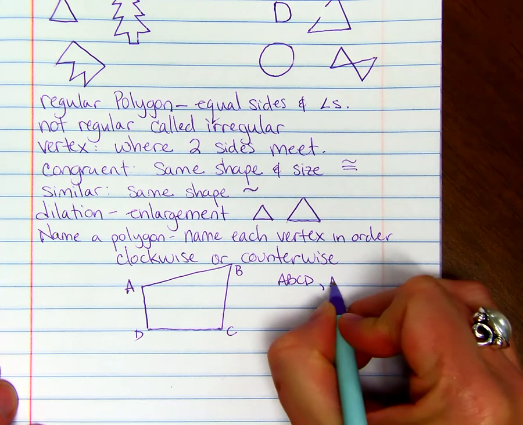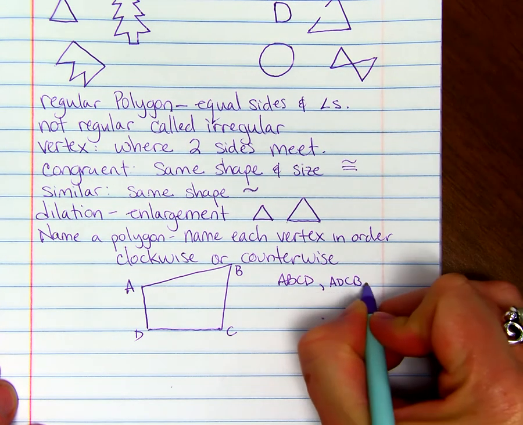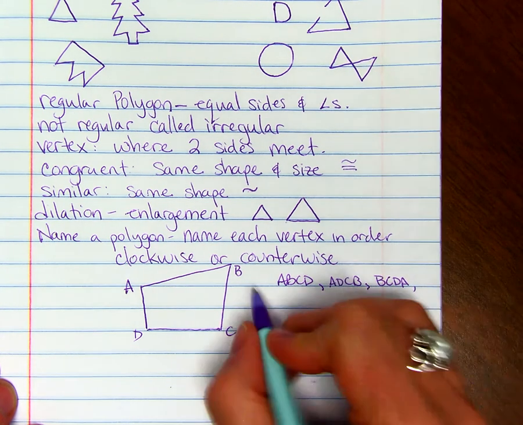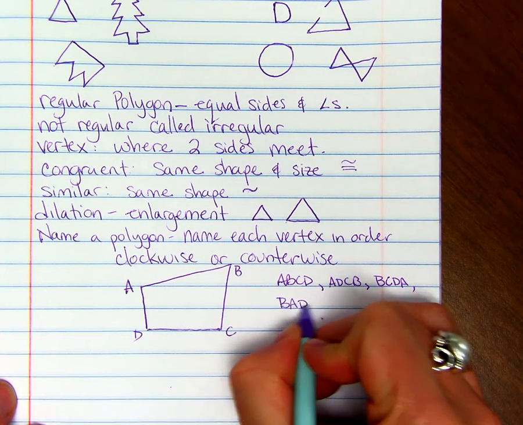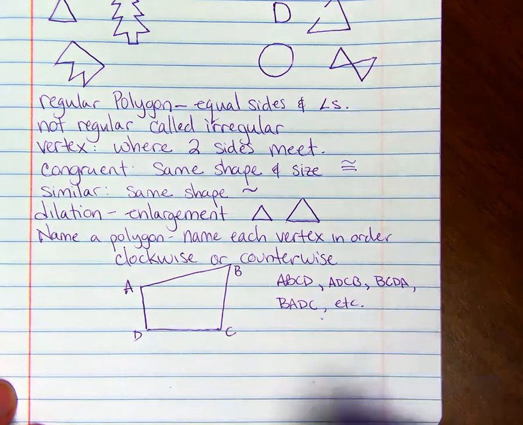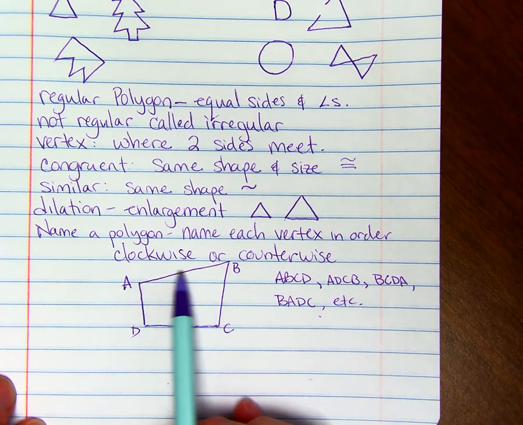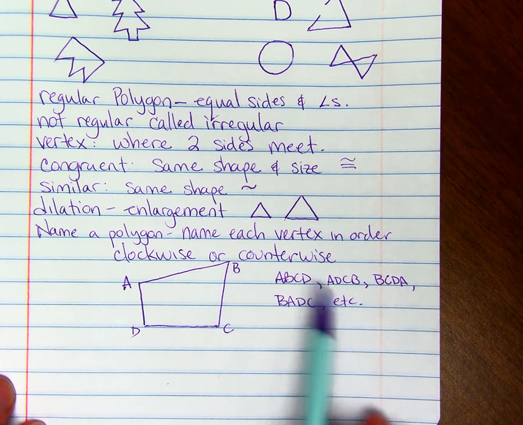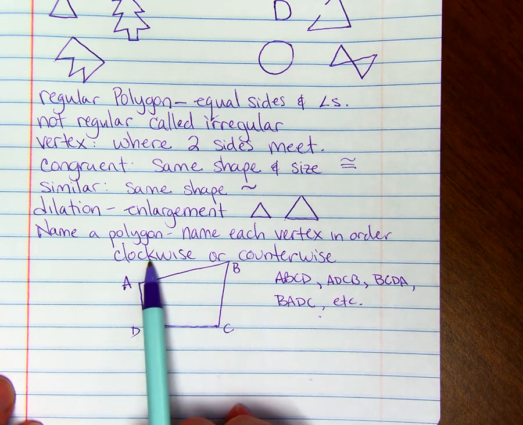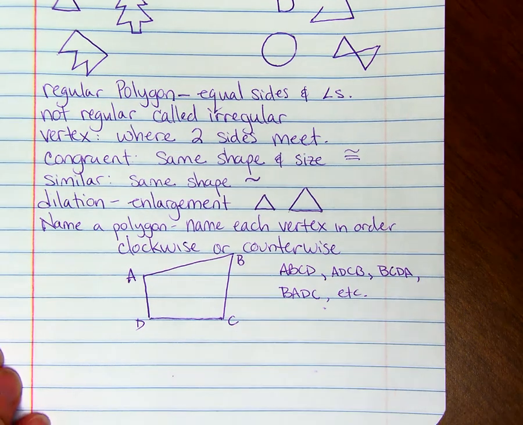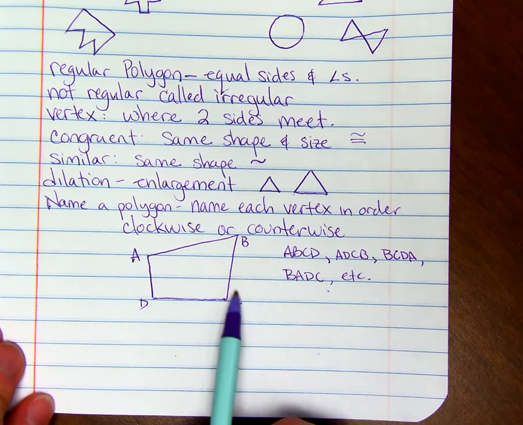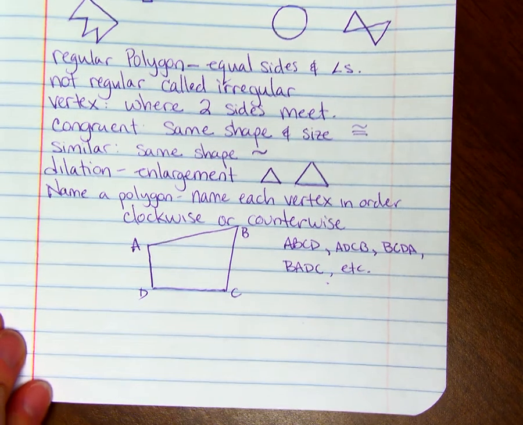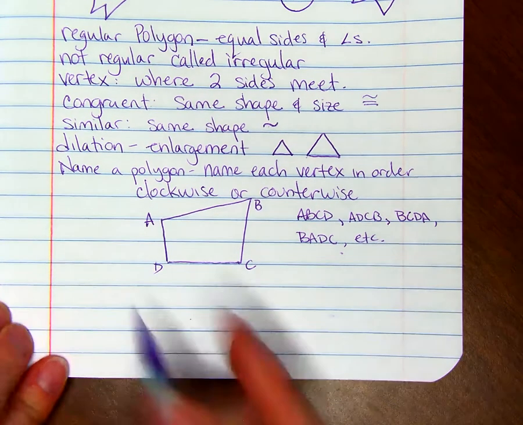We can name it ADCB, BCDA, BADC, etc. So the first one we just started with A and named it around clockwise, and then we went counterclockwise. The second group I started with B and went clockwise, and then I named it counterclockwise. So you could do 4 more. You can start with C, go both ways, and D, go both ways. That's lots of different ways you could name it.